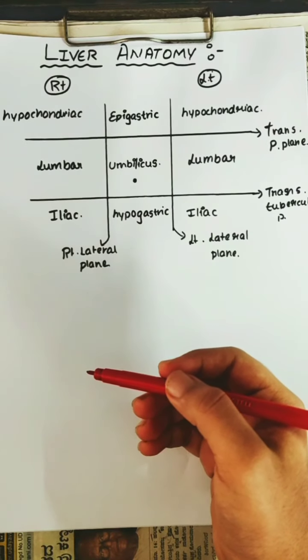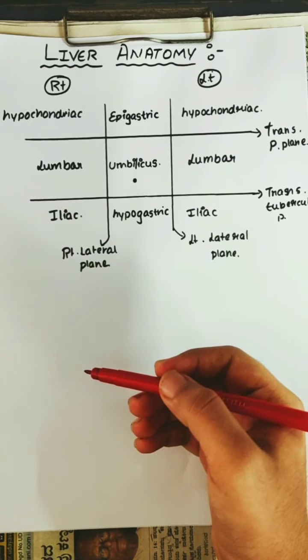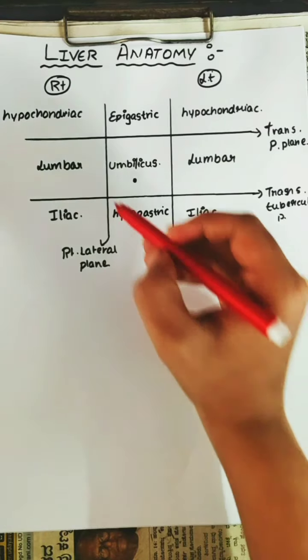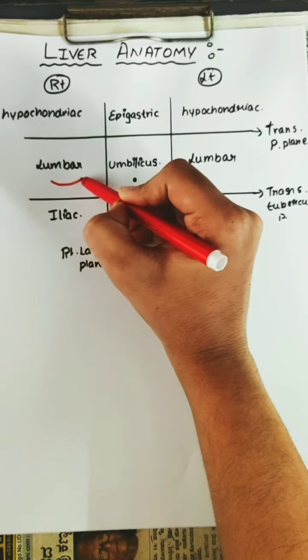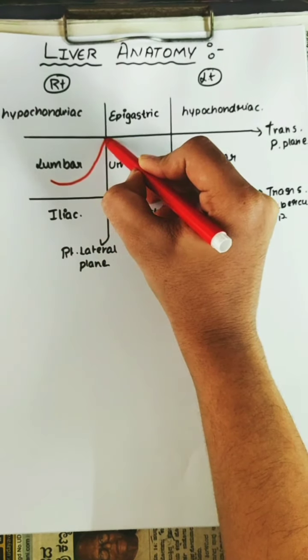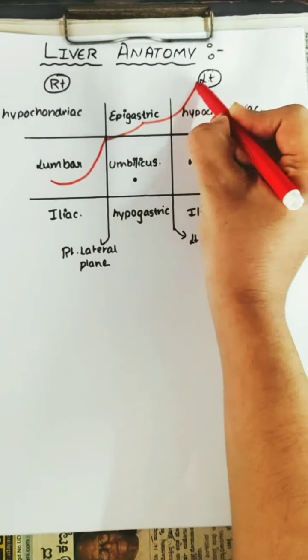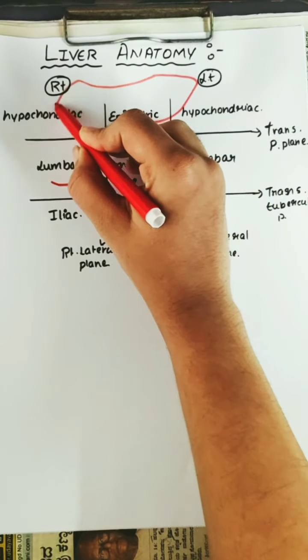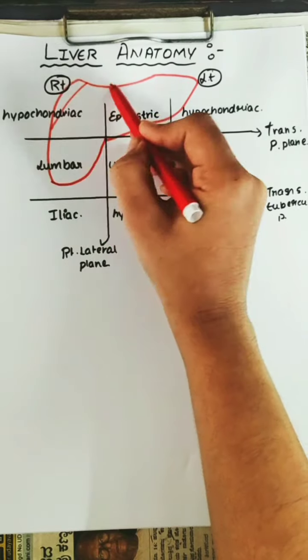So what is the location of the liver in the abdomen? So we'll start from here. This is just for your knowledge. So this is the liver.